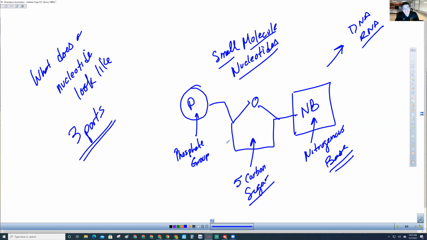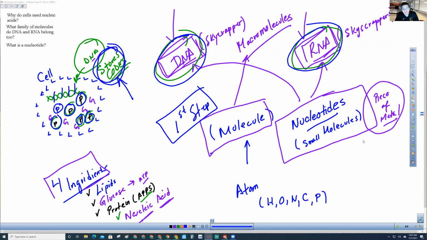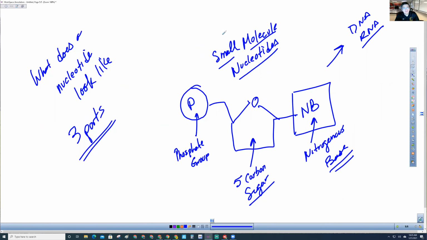And so for the test, what's really important is for you to understand what a nucleotide looks like, and then understanding the big picture over here. Make sense? Okay, questions on this so far? Questions?